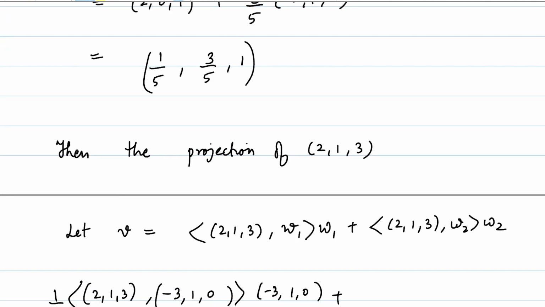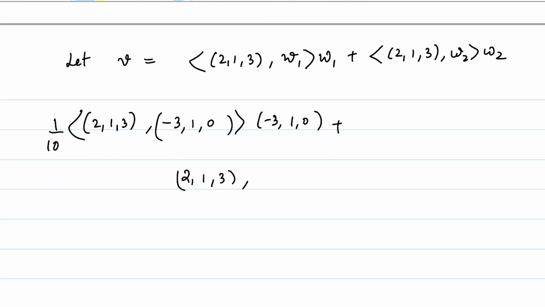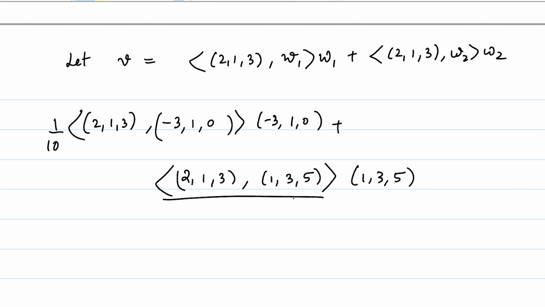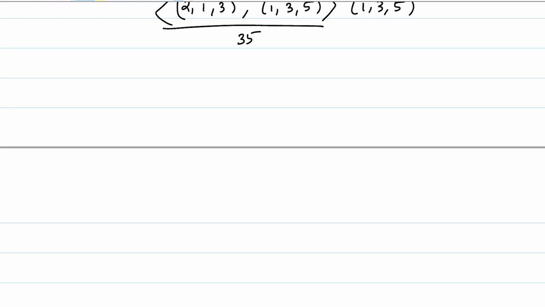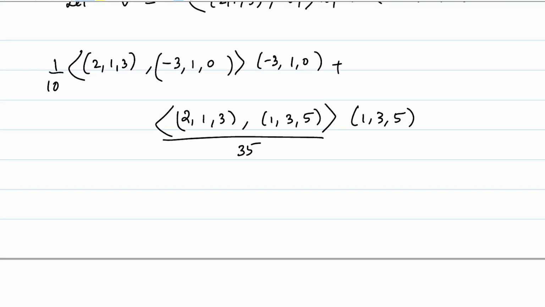So let me just write it as (1, 3, 5), the inner product of this with the given vector, by 25 plus 9, 34, 35. This is precisely the projection onto our subspace W.